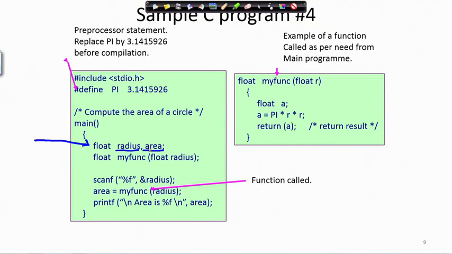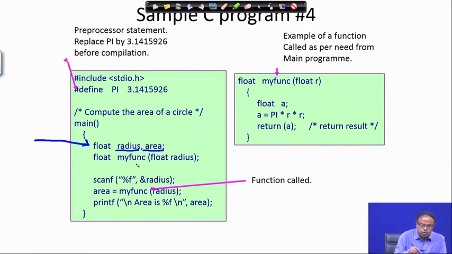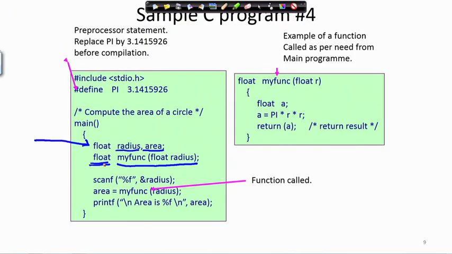Now, I also declare my func. This is another function, and the style in which I wrote tells the compiler that this is a function, and this function is also of type float. What is the type of a function? When we study functions in detail, we will understand that.